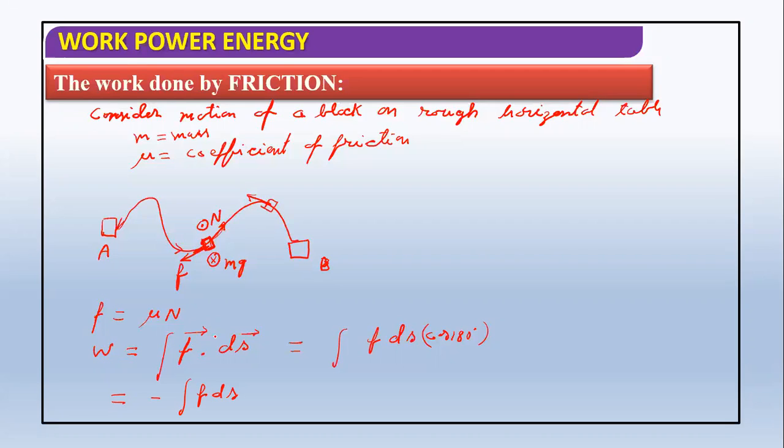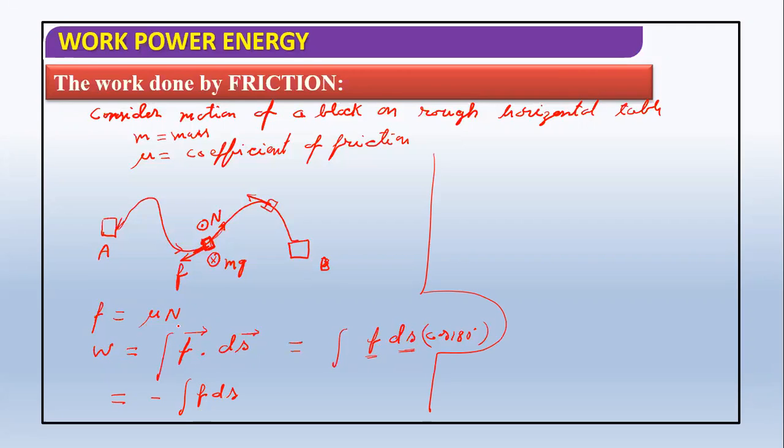Now we have converted this vector quantity into magnitude only. After taking the dot product, these quantities are magnitude only. So f is now magnitude only, so the magnitude is constant.